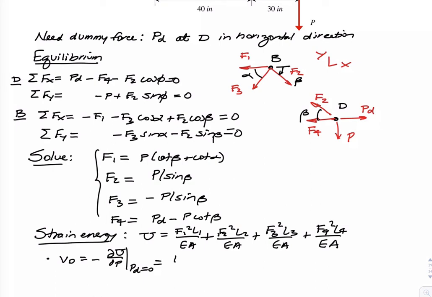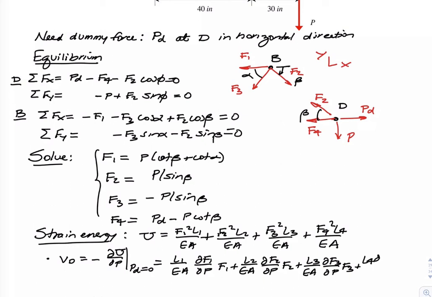So that's going to be L1 over EA, partial F1 with respect to P, times F1, plus L2 over EA, partial F2 with respect to P, F2, plus L3 over EA, partial F3 with respect to P, F3. And lastly, I have an L4 partial F4 with respect to P, divided by EA, times F4.